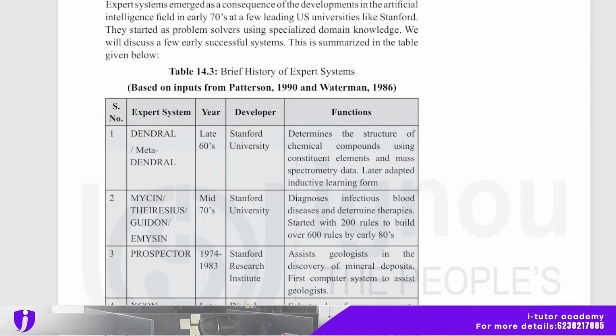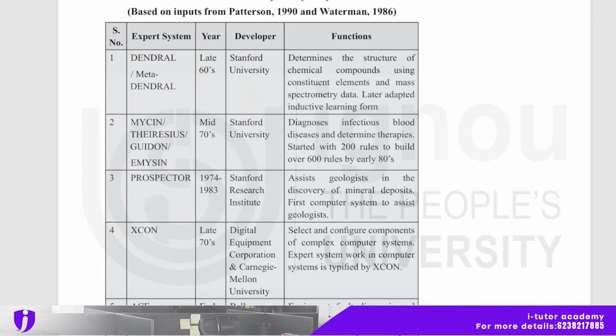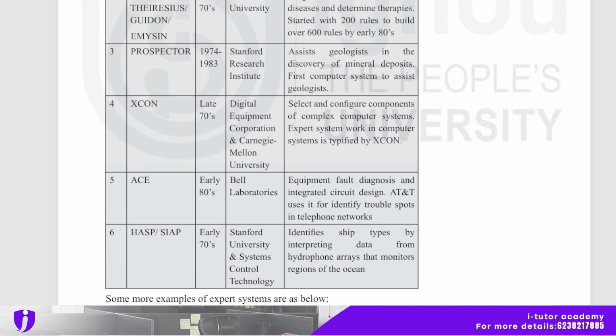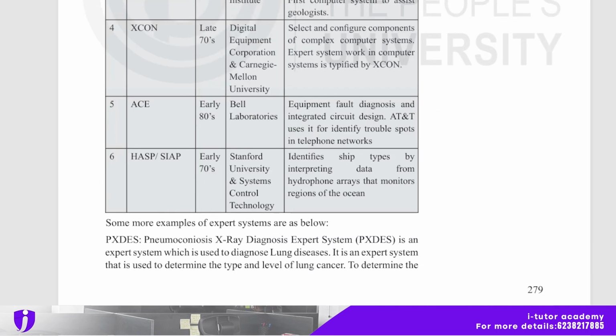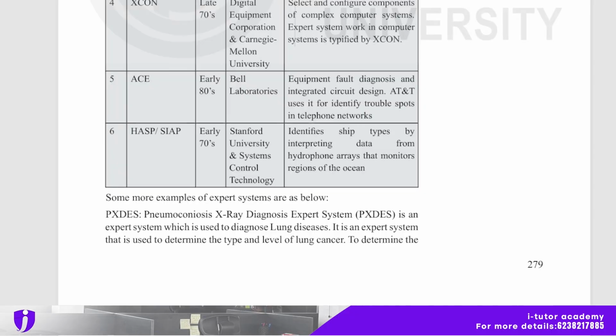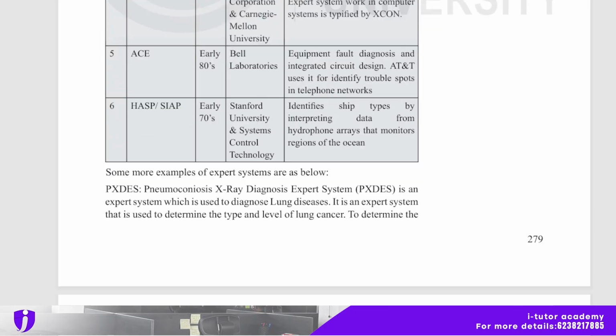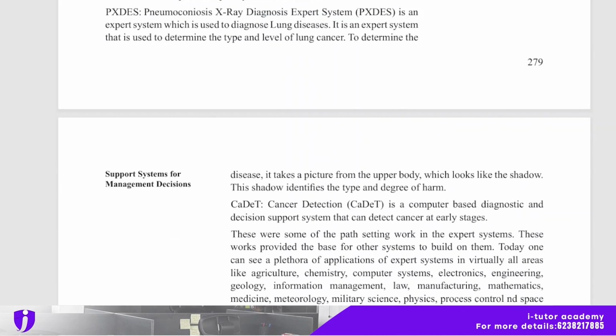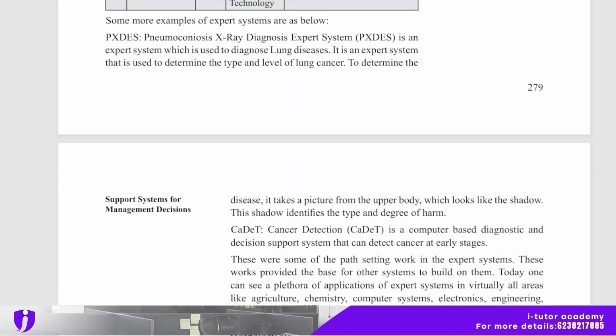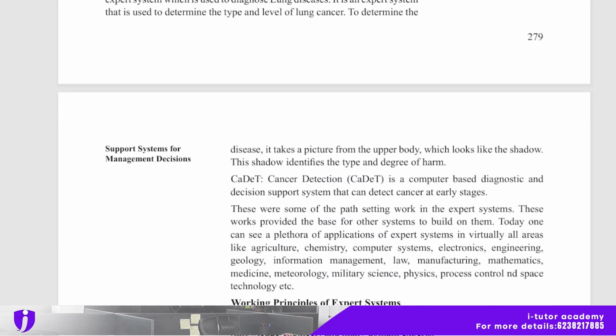And PROSPECTOR and XCON, ACE, HASP, like that. All these are part of AI systems and their functions. So please refer to that. And in the medical field also, there is an X-ray diagnostic expert system, a cancer detection system, like that.